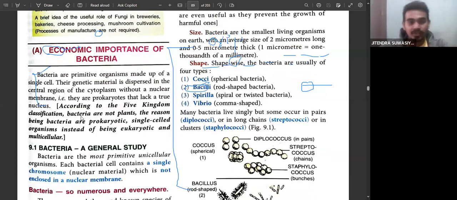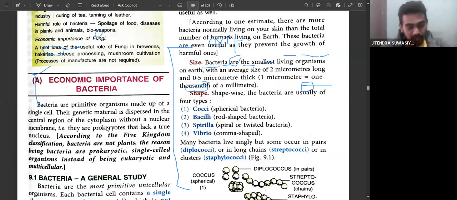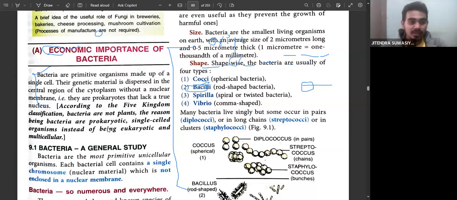So what are bacteria? These are the basic things. Bacteria are primitive organisms made up of a single cell. Their genetic material is dispersed in the central region of the cytoplasm without a nuclear membrane.